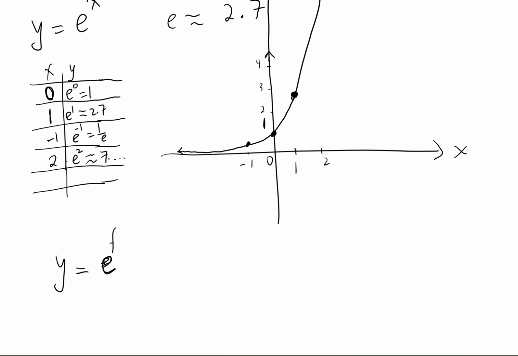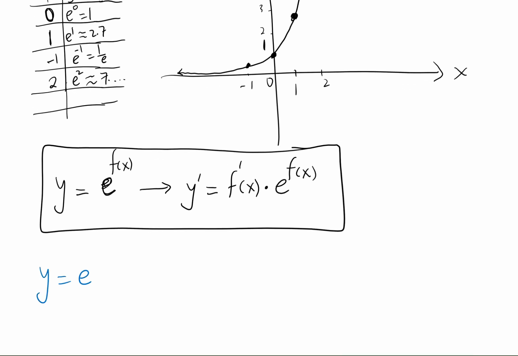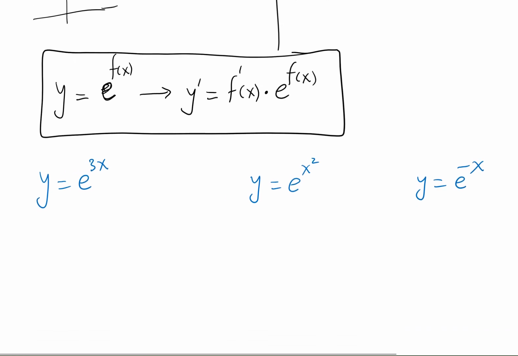So the first thing is, if we have e to any function f of x, what would be the derivative for that? The derivative is the derivative of the exponent times itself. That's the formula to find the derivative of an exponential function. So how are we going to find the derivative for this one?